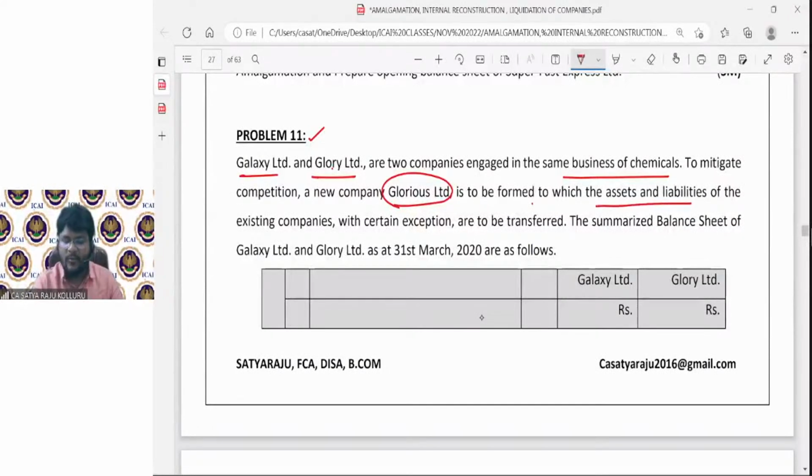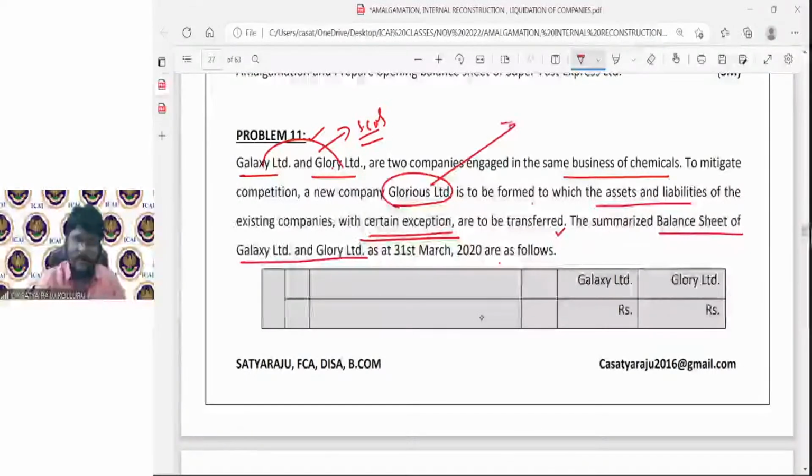The assets and liabilities of both the existing companies, with certain exceptions, are to be transferred. What are such exceptions? We don't know yet. The summarized balance sheet of both Galaxy and Glory Limited as at 31st March 2020 are as follows. So both Galaxy and Glory are selling companies, and Glorious Limited is the purchasing company.